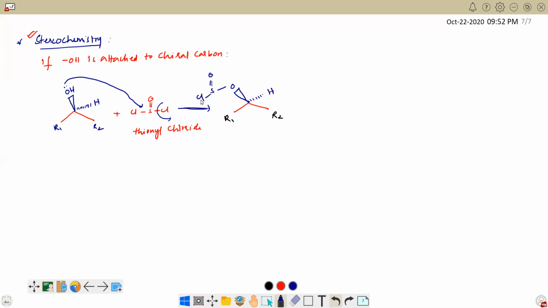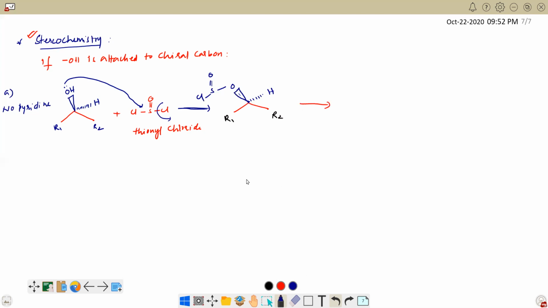Any doubt here? See carefully, it is above the plane. Now what happens if I use pyridine? If I don't use pyridine, that means case one, absence of pyridine. First you can write absence of pyridine. Here, no pyridine.